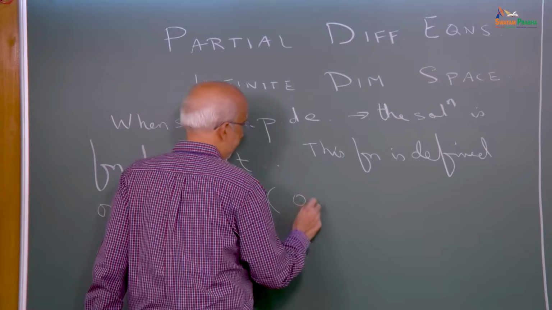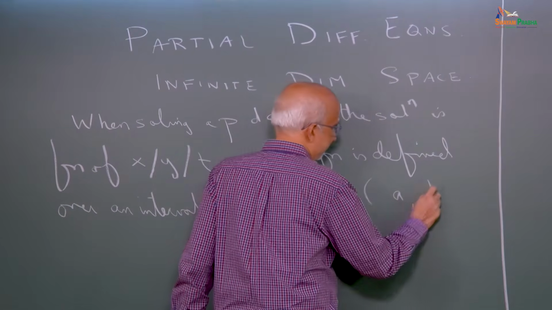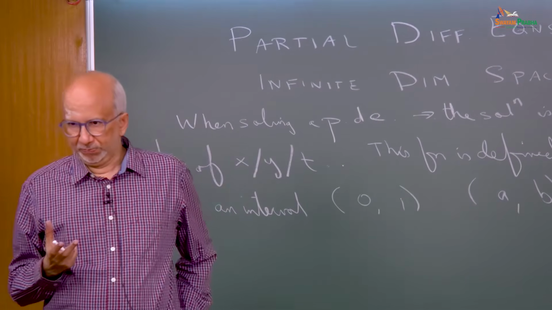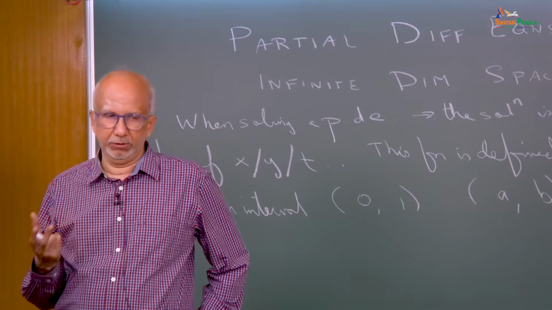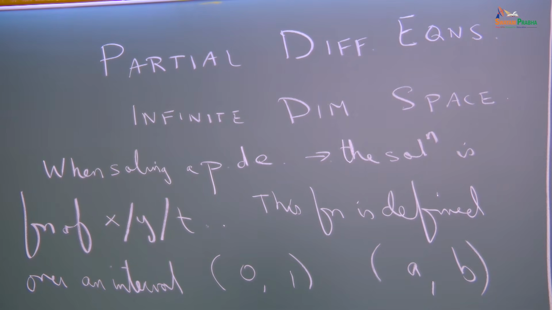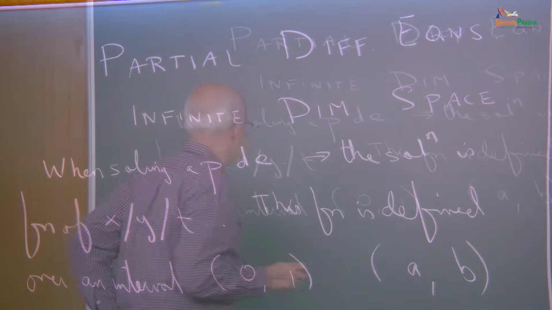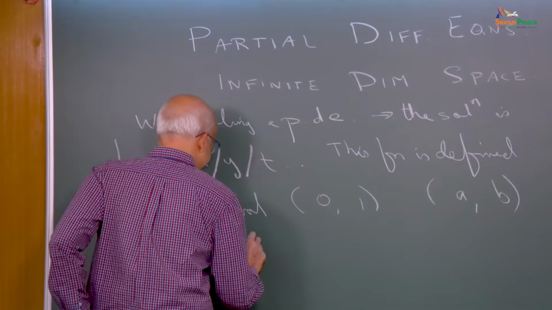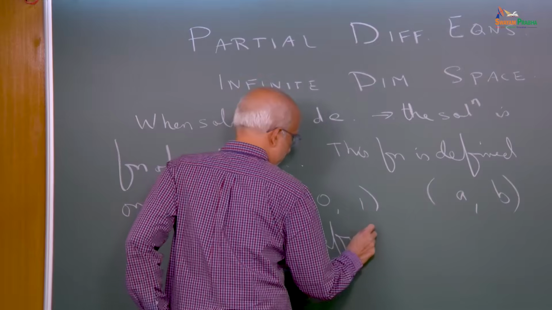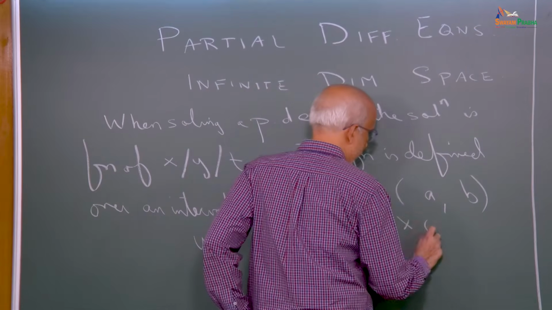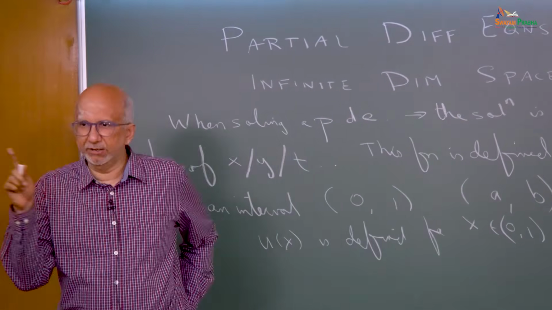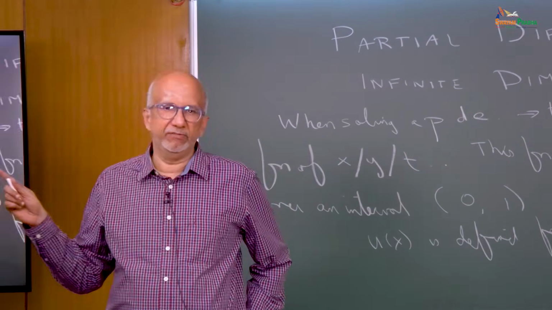It could be 0 to 1, a to b, whatever it is, because that is the domain over which your equation is valid, your system is extending. In this interval you have a function, maybe u of x, so u of x is defined for x belonging to 0 to 1, and in this interval you have an infinity of points.